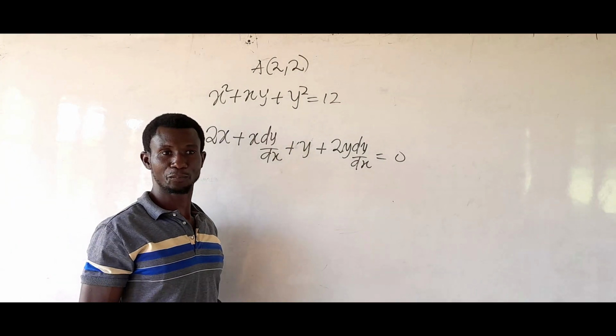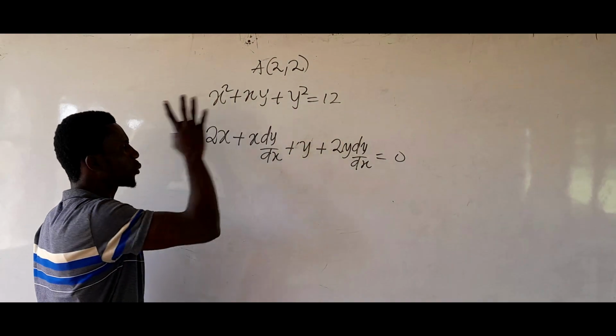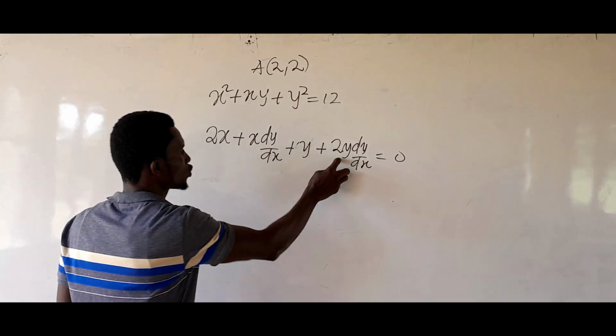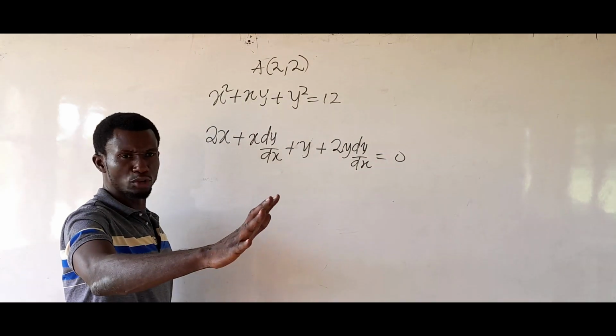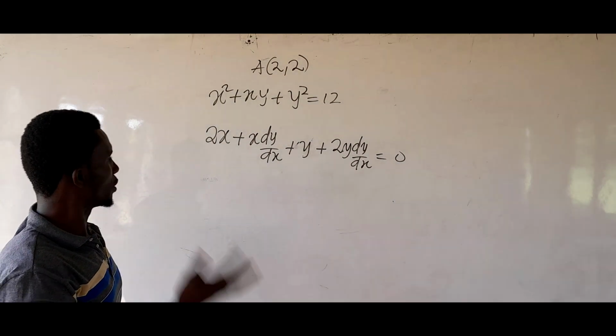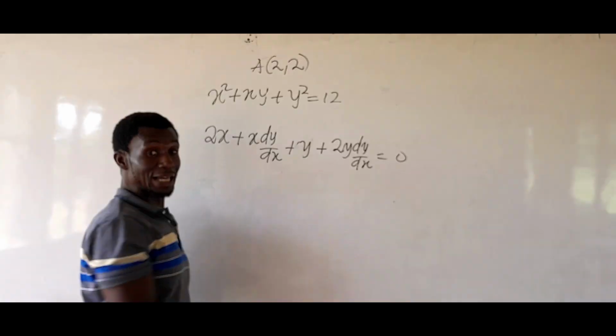That's how it's supposed to be done. You should be quick enough to write 2x plus x dy dx plus y plus 2y dy dx equals 0. Then write dy dx equals negative 2x minus y all over x plus 2y. Then you substitute 2 inside.